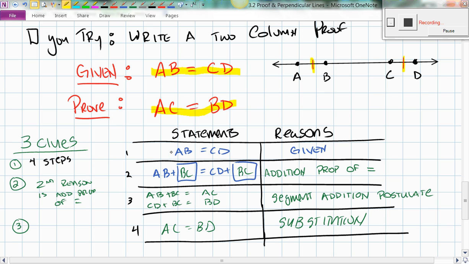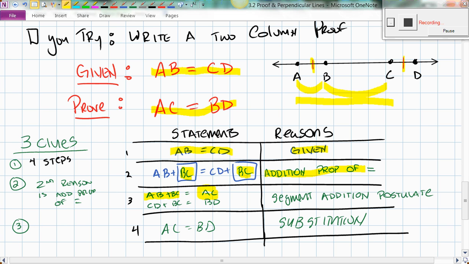Okay, so first we'll start with the given. AB is equal to CD. That's given. No problem. Then we're going to add the same thing to each side. We're going to take AB plus BC equals CD plus BC. And adding the same thing to each side is called the addition property of equality. Now, what does AB plus BC actually equal? Right? AB plus BC equals AC. Right? So AB and BC together equal AC.